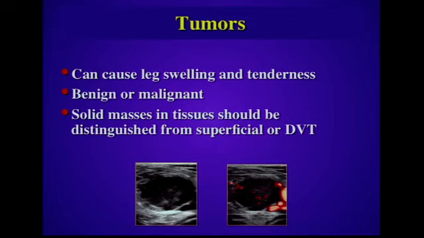Solid masses in the tissues need to be distinguished from superficial or deep vein thrombosis, and this can be difficult, particularly in the calf where the veins may be difficult to find, and we may see small, scattered hypoechoic lesions that can represent tumors. A particular example is neurofibromatosis, where you'll have multiple masses associated with the vascular structures of the calf.